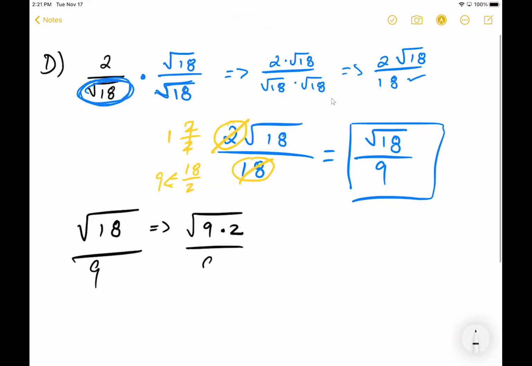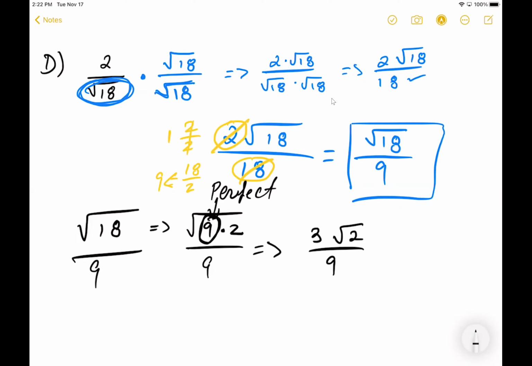Because 9 is a perfect square. This is a perfect square, ladies and gentlemen. And if it's 9 in the radical, everybody see that I can bring out a 3, right? Because it's a perfect square, I can reduce this and take out a perfect number, which is 3.